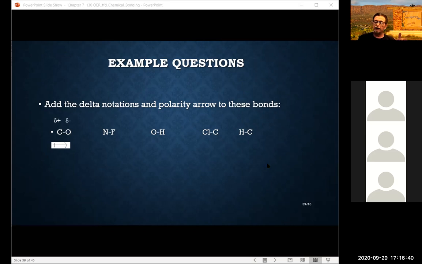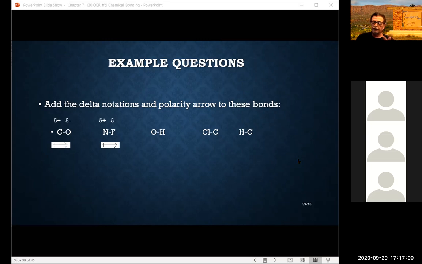The next example, I got nitrogen and fluorine. I don't have to look this up because I already know, right, that fluorine is the most electronegative. So electron density is going to be pulled toward the fluorine with no question. So my arrow goes from left to right in this scenario. Partial negative on the fluorine, okay?